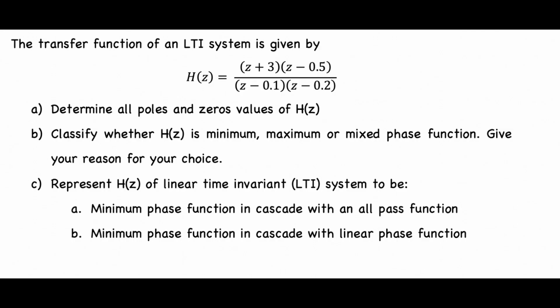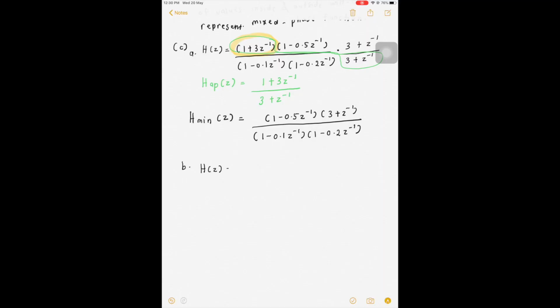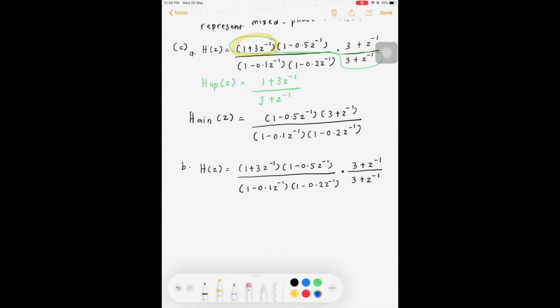Okay, now we move to C(b). For C(b) you have to determine H minimum phase and H linear phase. Same thing, we have H(z) equal to, times with the mirror of the z outside the unit circle.